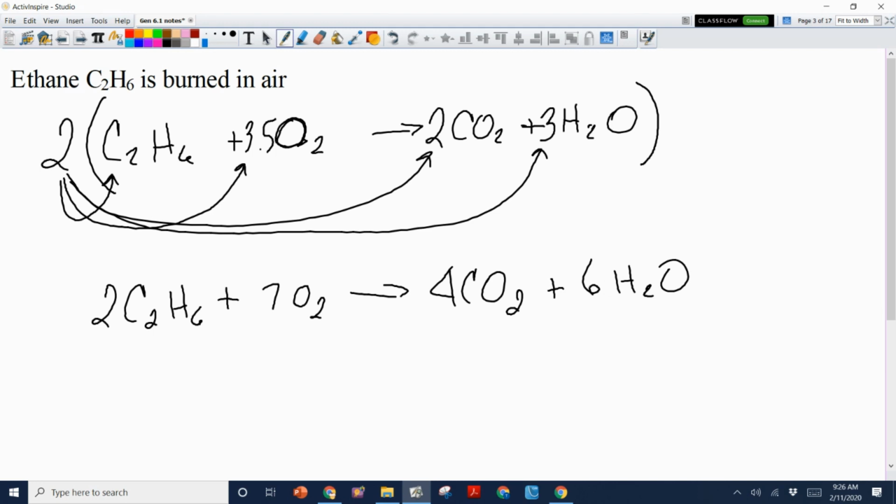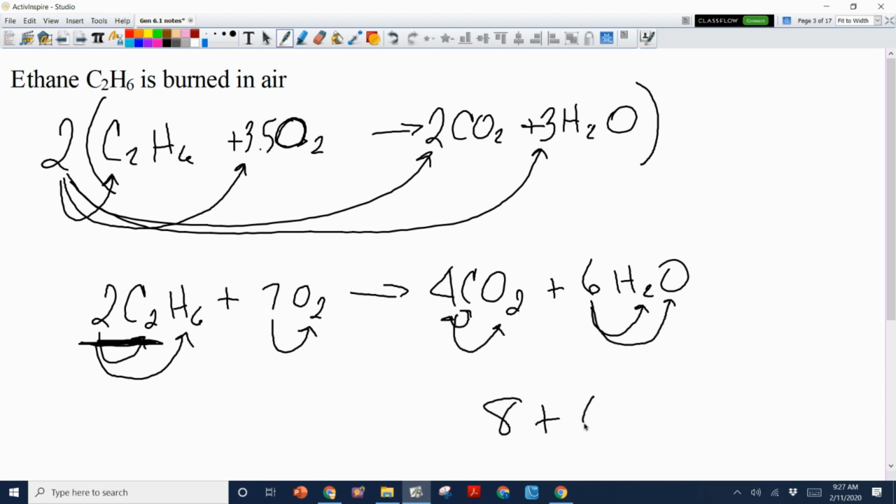All right, so let's make sure everything is balanced. 2 times 2 is 4 carbon, 4 carbon. 2 times 6 is 12 hydrogens, 6 times 2, 12 hydrogens. 7 times 2 is 14 oxygens. 4 times 2 is 8 plus 6, 8 plus 6, 14.